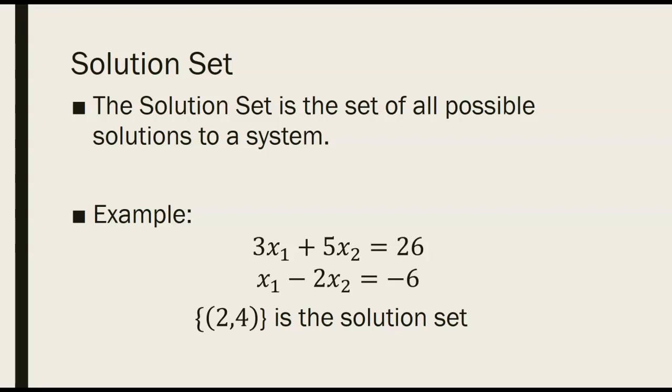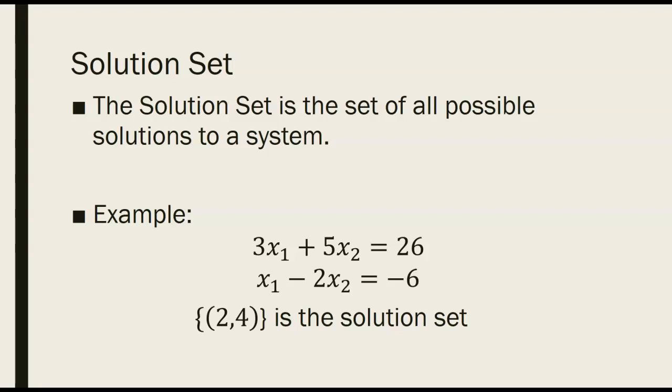All right. Now, we're looking for solutions, and there's a very slight difference between a solution itself and a solution set. A solution set is a list of all possible solutions. Now, in our example, we only had one solution.